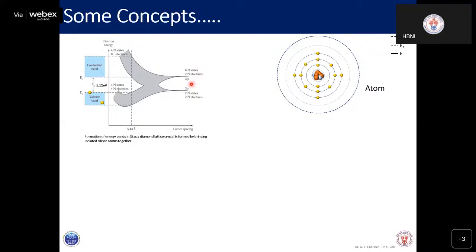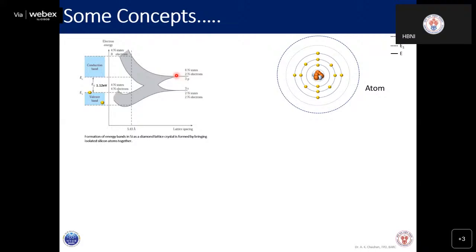So now let us start from this place. This was individual atoms. Now we bring many atoms together. This goes on like this. If the distance between these atoms is very large, then these will behave like individual atoms.